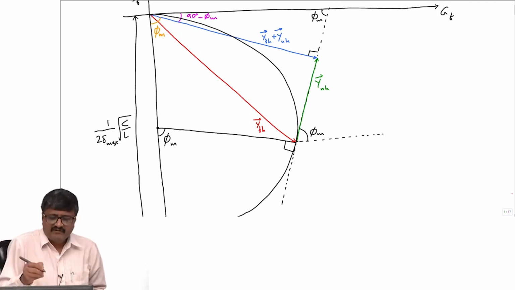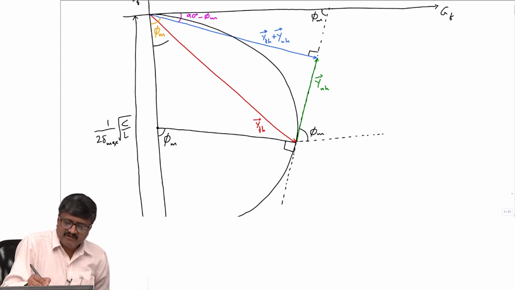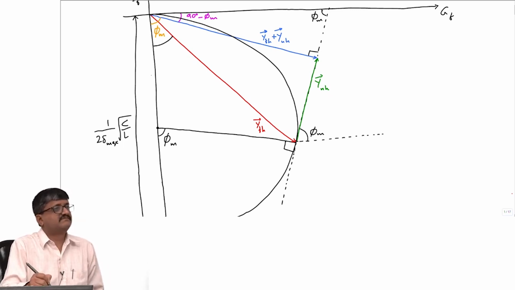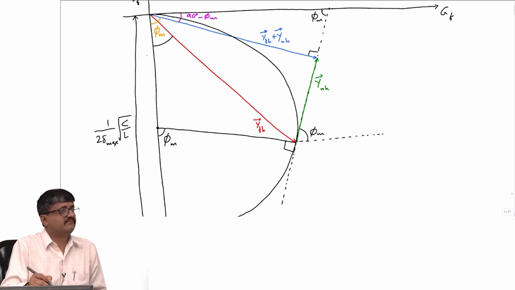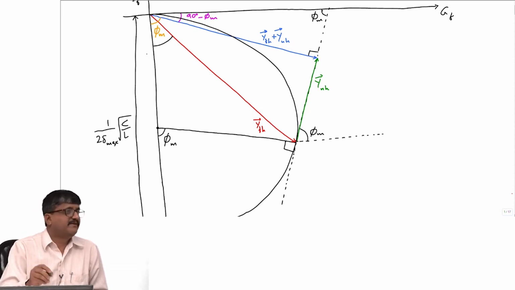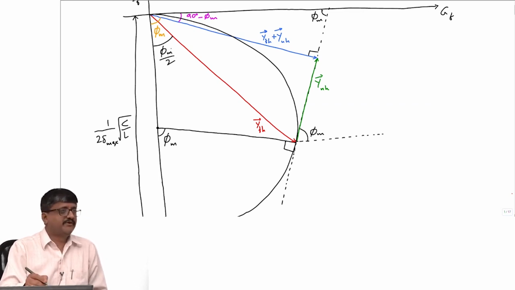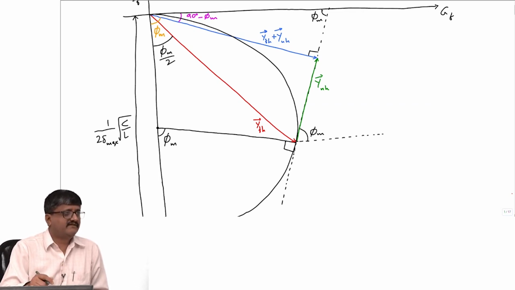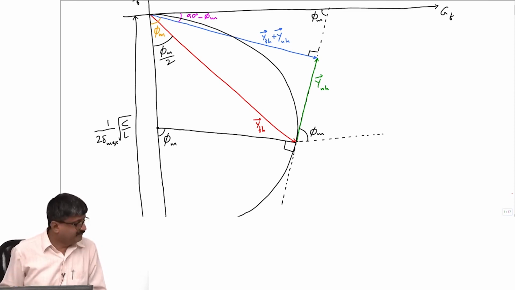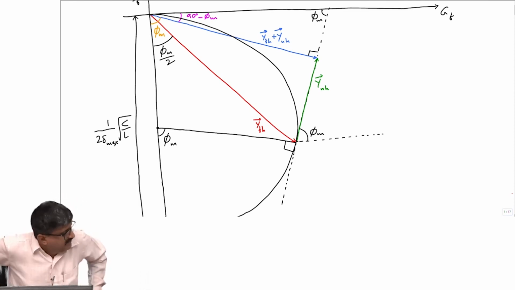Then if I take this angle, what is this? What is this angle? Phi m by 2. Recall what you would have studied in, say, 8th standard or whatever, school geometry, nothing more than that. Phi m by 2. Okay.